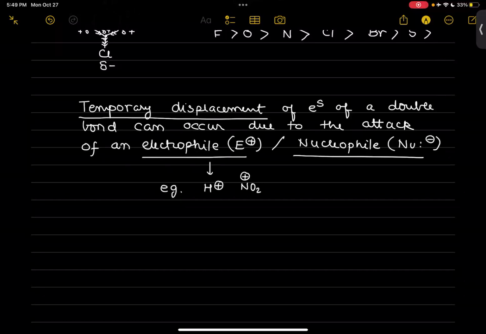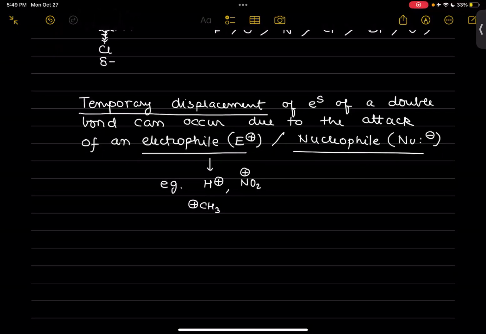These are substances which are electron deficient, and wherever they go during the reaction, they want to have electrons getting attracted towards them.